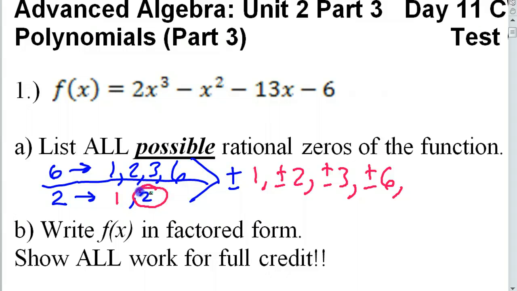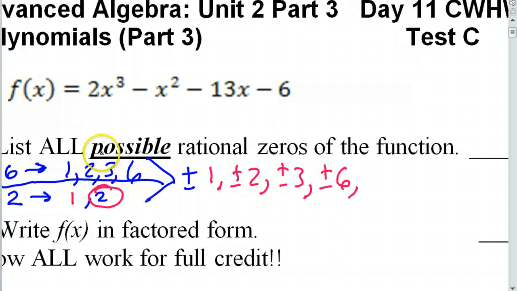So now I'm looking at the 2. I'm going to take all of these same numerators and put them over 2. So I'm going to do 1 over 2, 2 over 2, 3 over 2, and 6 over 2. For starters, I have 1 over 2, so I write that down.